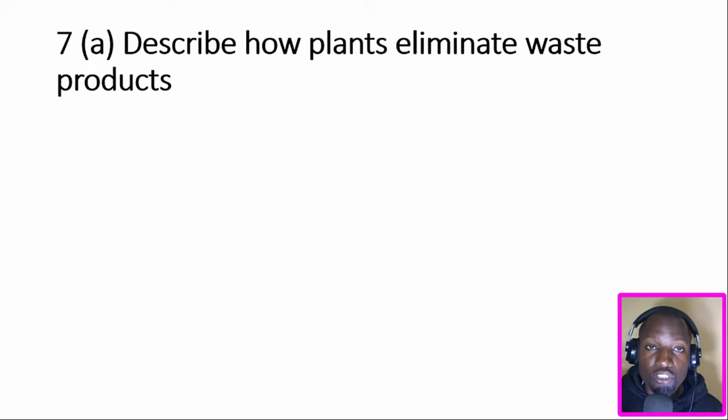Question number 7 is an essay question. We are being asked to describe how plants eliminate waste products. That is 8 marks. Remember it's an essay kind of question, and we are being asked on ways in which plants eliminate waste.